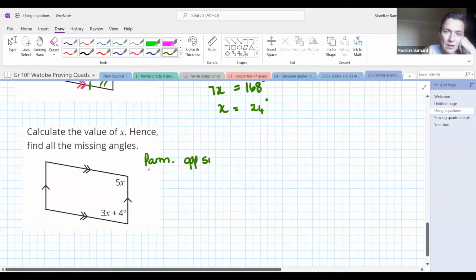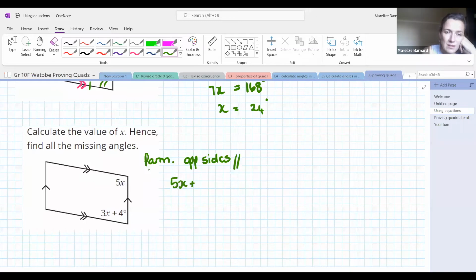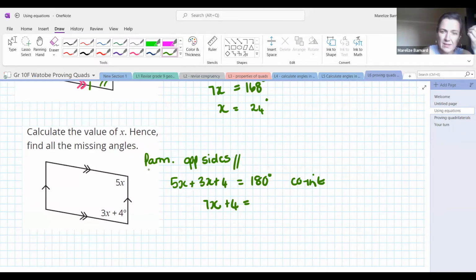Opposite sides parallel. Okay, and now we're going to go 5x plus 3x plus 4 is 180. Co-interior angles. That gives me 7x plus 4 is 180. Wonderful, everyone. Be careful of equal. The sides are not equal. What is given is that they are parallel.